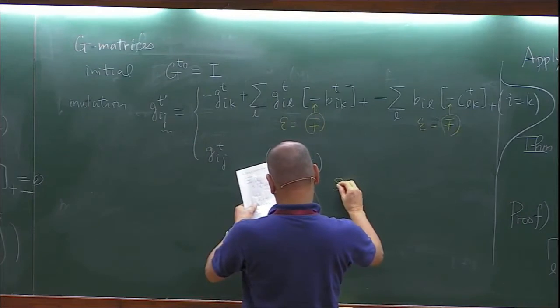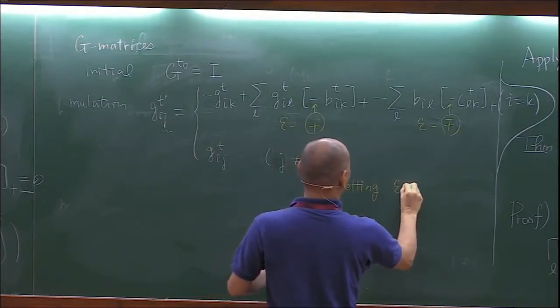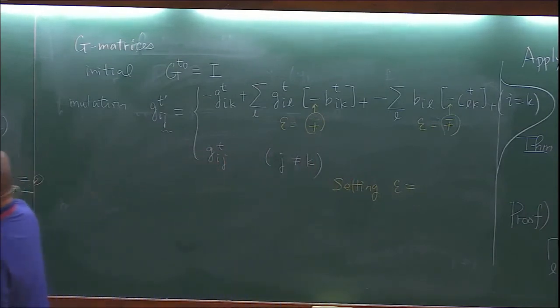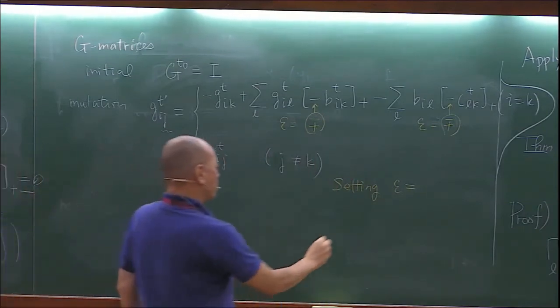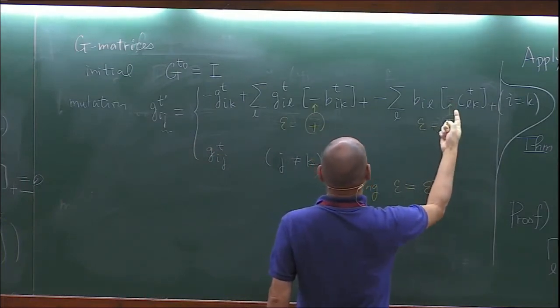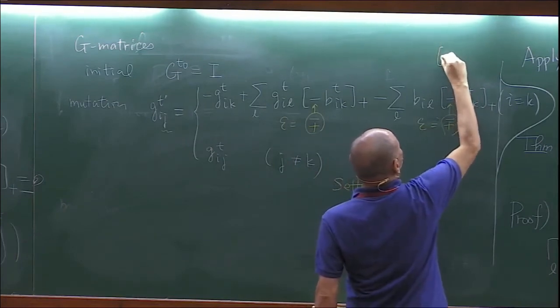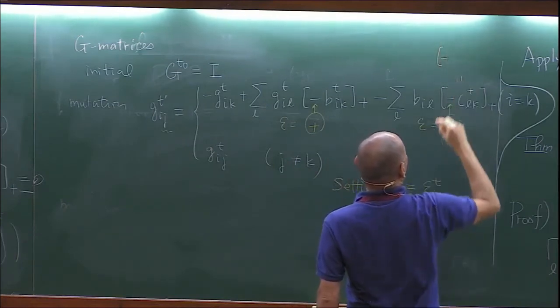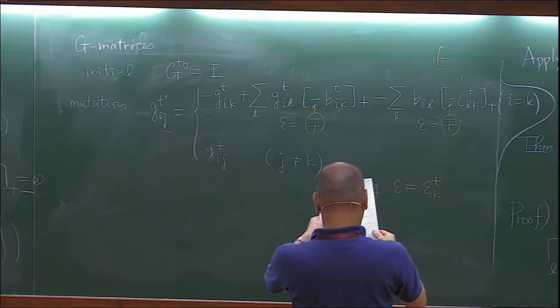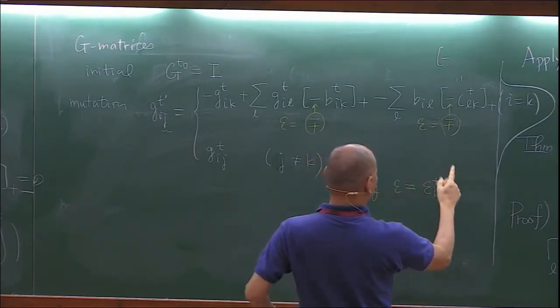But again, setting epsilon to be, I do the same thing. Use this tropical sign here. Then this portion becomes minus, maybe minus sign. Let me see.